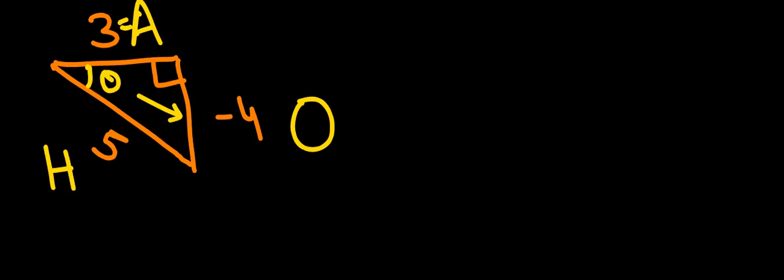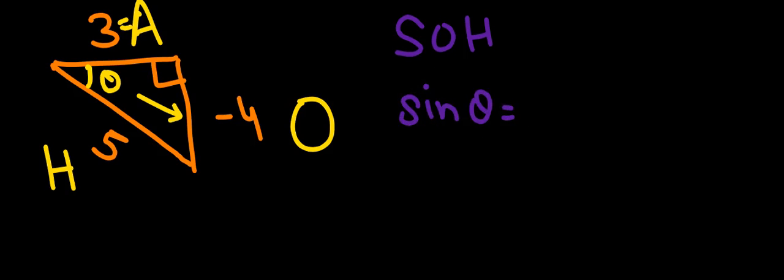So now coming to the trigonometric ratios, I'm going to show you how to do it. We have a magic word called SOH CAH TOA, which basically lets you remember the formula. So I'm going to write sine theta equals O over H, opposite over hypotenuse.